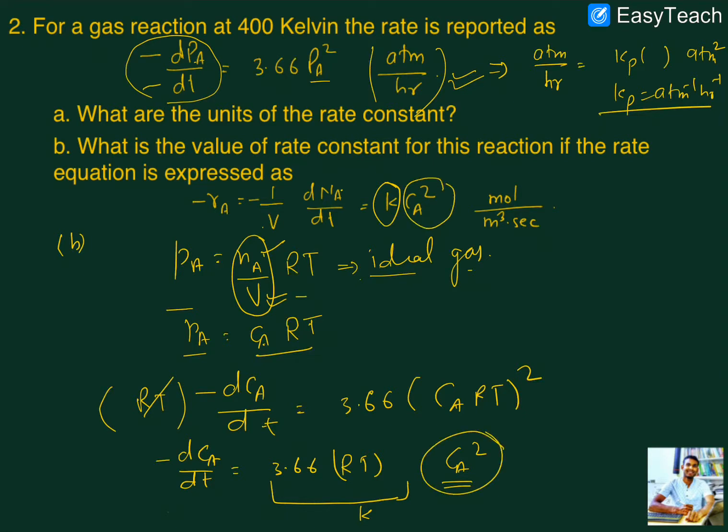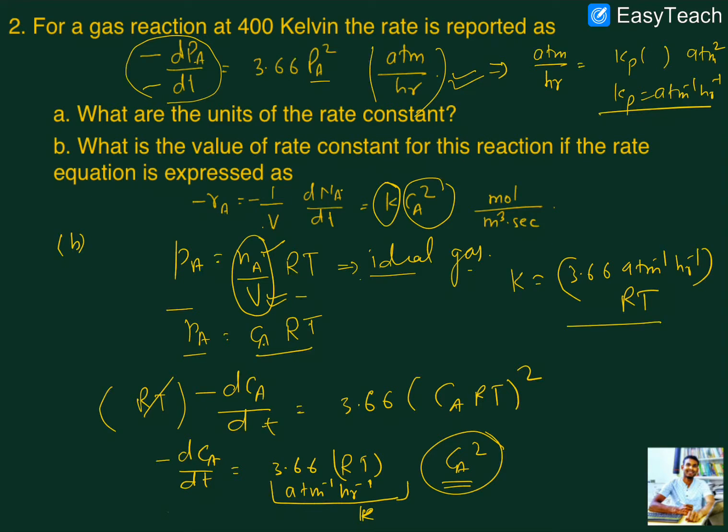So we have to convert this. Right now the new constant is nothing but 3.66 RT, and the unit was atm inverse hour inverse, as we found in part 1. So now we have to calculate 3.66 atm inverse hour inverse into RT.